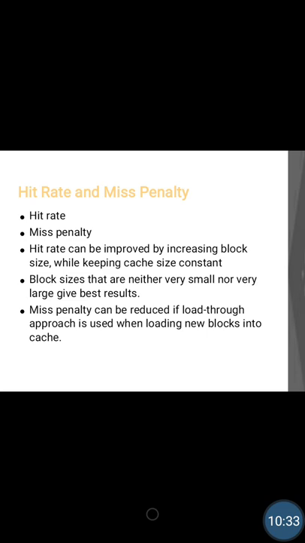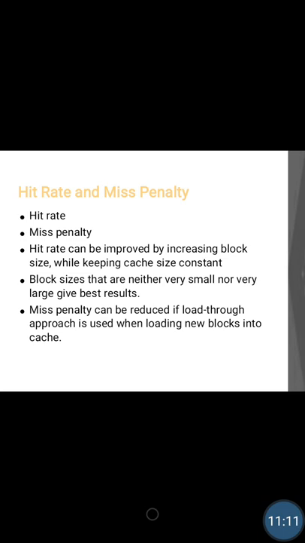Miss penalty is the extra time needed to bring the desired information into the cache. This miss penalty ultimately has an adverse effect on the performance of the processor because it consumes more time. So I don't want this miss penalty; I want to improve the hit rate and reduce the miss penalty, isn't it?